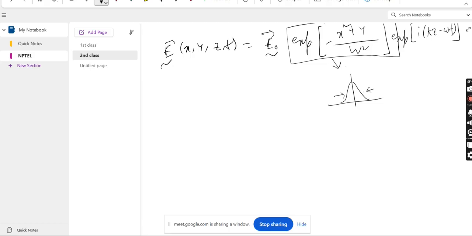How you can write this for a cylindrical wave?